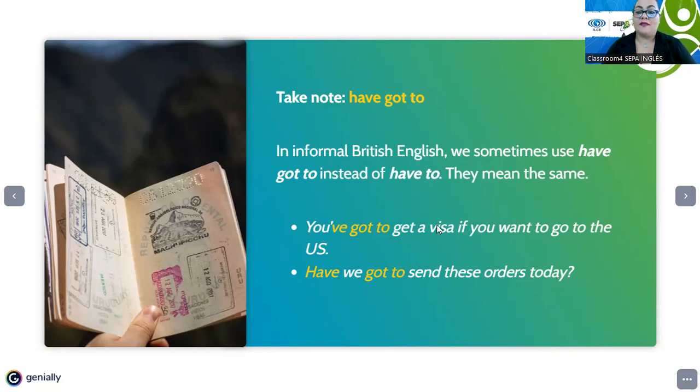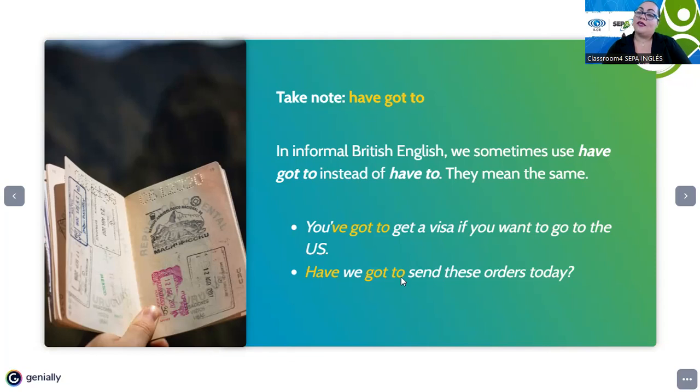In American, you can say, with the contraction, you've to get a visa if you want to go to the US. Have we got to send these orders today in British? How could this be in American?